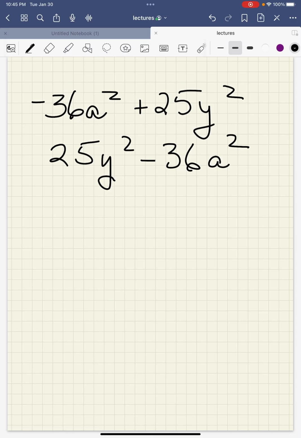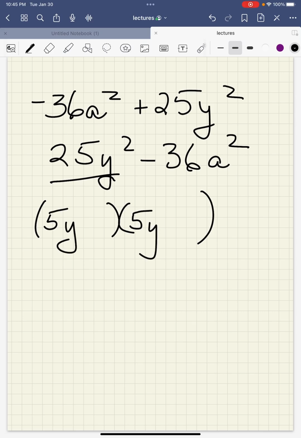We have two terms, and we know the square root of each one of them. So two parentheses. The square root of this is 5y, so that goes in the front. Square root of this is 6a. One is a positive, one is a negative. All right, next.